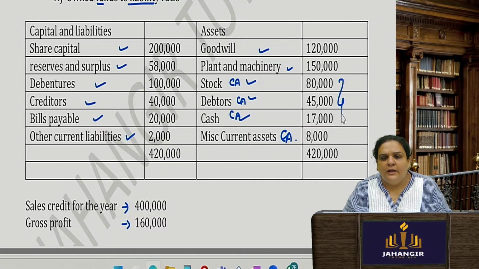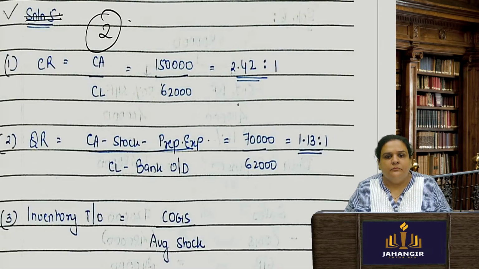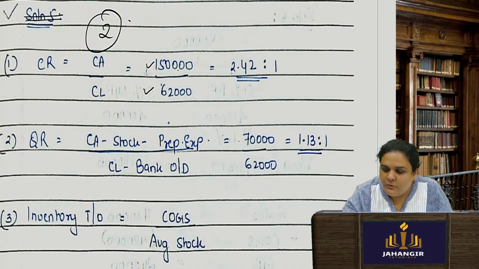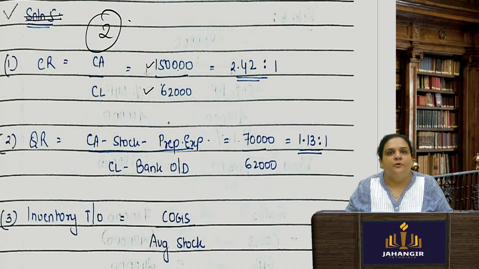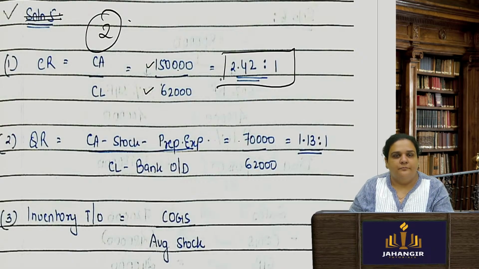All these 4 I will add, and my liabilities will be creditors, bills payable and other current liabilities, 62. So I'm going to get 1,50,000 current assets. Current liabilities is 62,000. So I'll get 2.42. 2.42 is to 1 is my current assets upon current liabilities, current ratio.